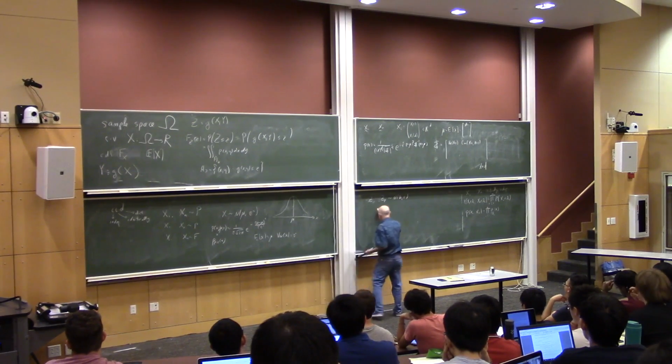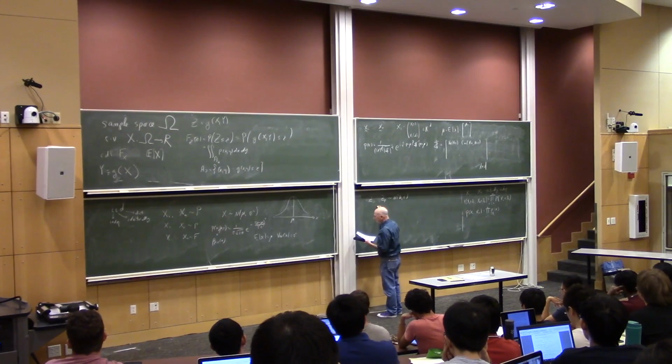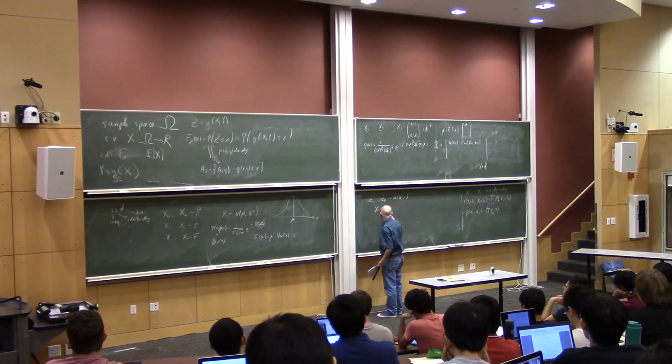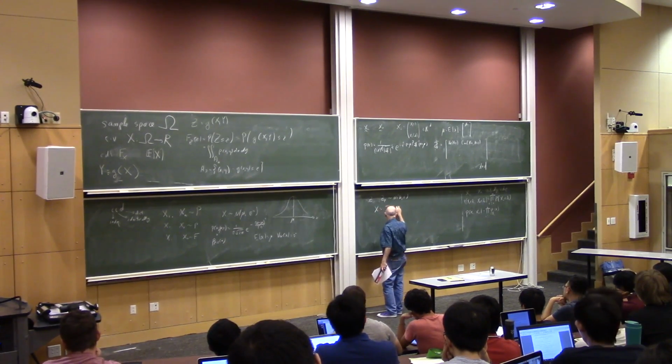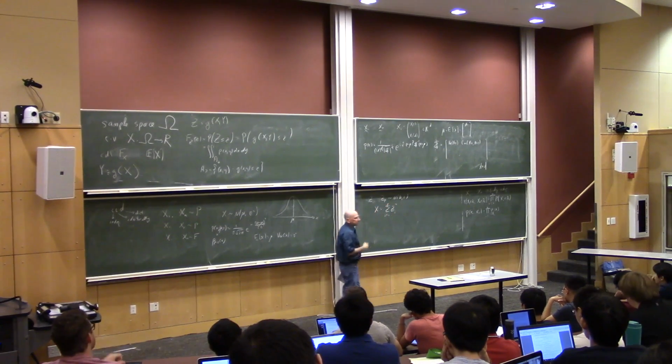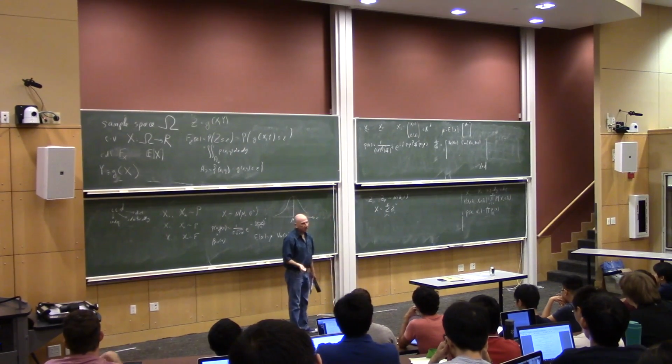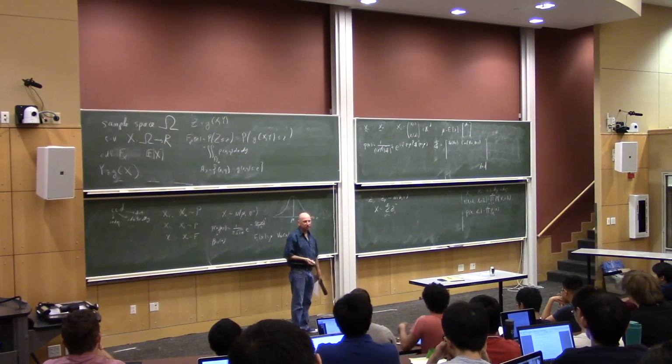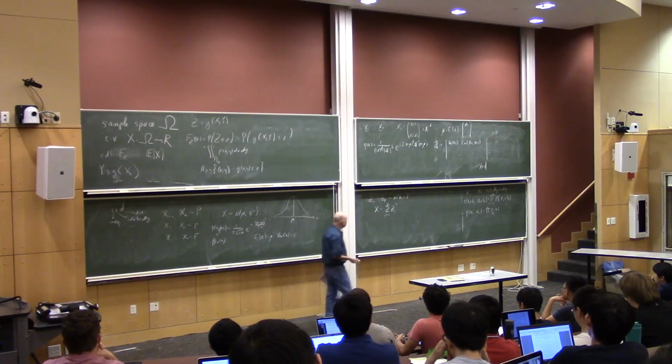What happens if I take these guys, square them up and sum them, and call it x? That's a new random variable, and it comes up so often we give it a name. So what's that distribution called? Chi-squared distribution.